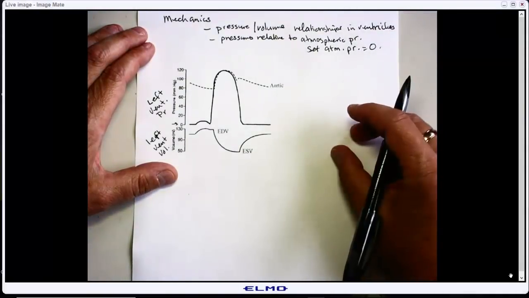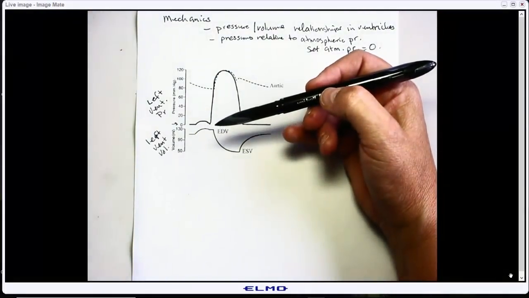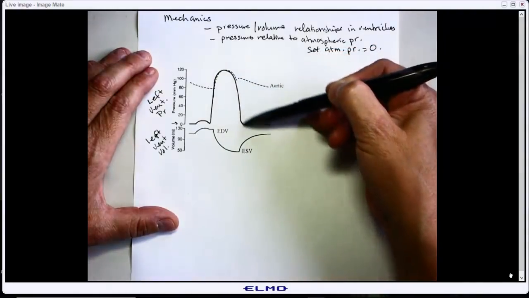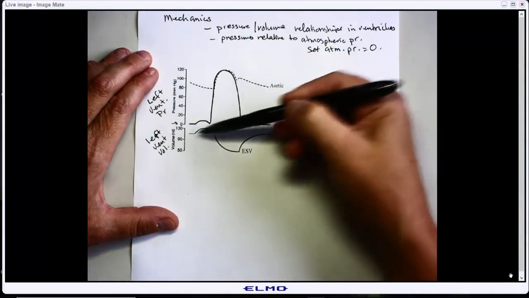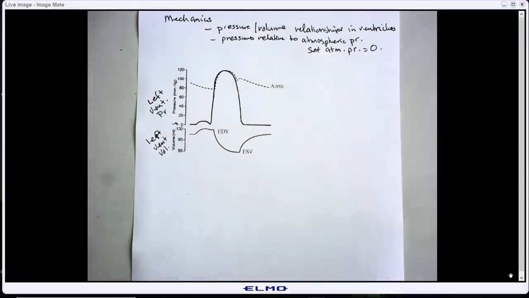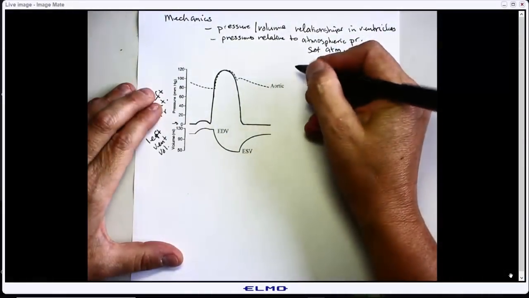Okay, so pressure-volume relationship. So here's our shape when it comes to pressure in the heart, left ventricle, and volume. We will think about putting the electrical and the contraction together.